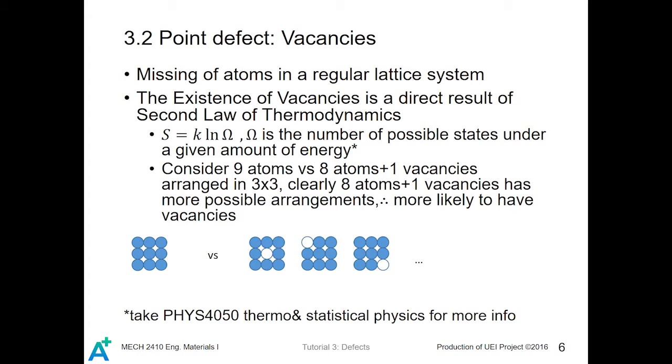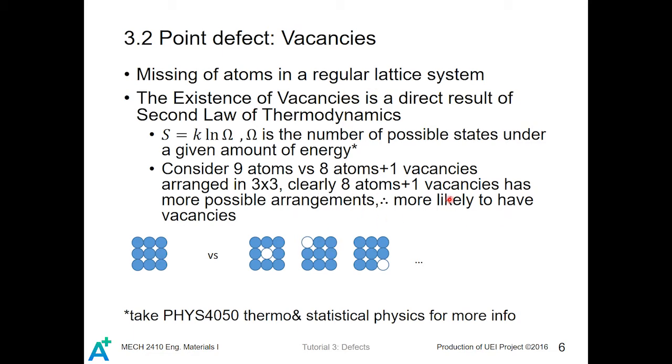And clearly the 8 atoms plus 1 vacancy has more possible arrangements, which is shown in the demonstration here. And that's why, as we know, the entropy of a system tends to its maximum value, and that's the thermodynamic evidence why vacancies must exist even in materials.